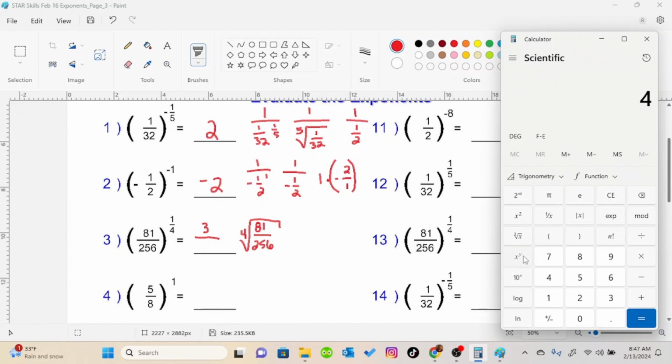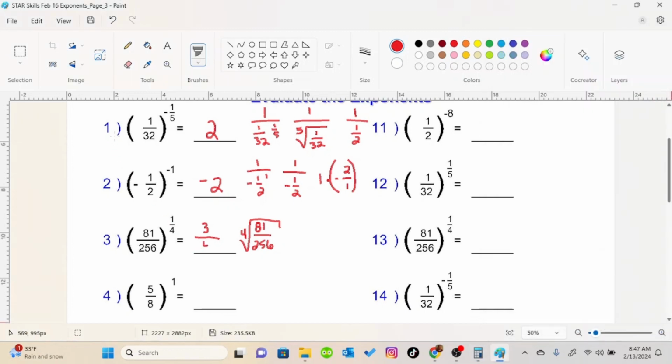If we take 4 to the 4th power, we get 256. So that means the fourth root of 81 over 256 is 3 over 4. Because 3 over 4 multiplied by itself 4 times will give us 81 over 256.